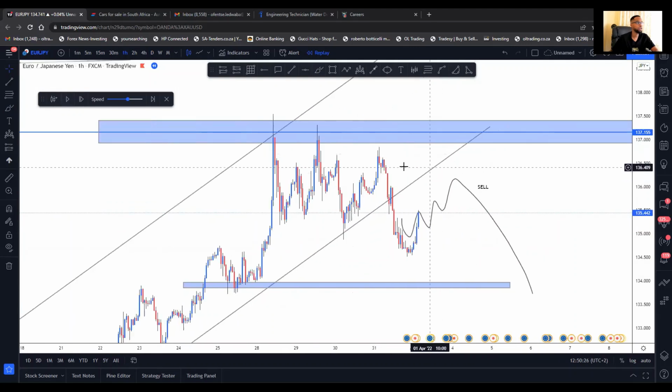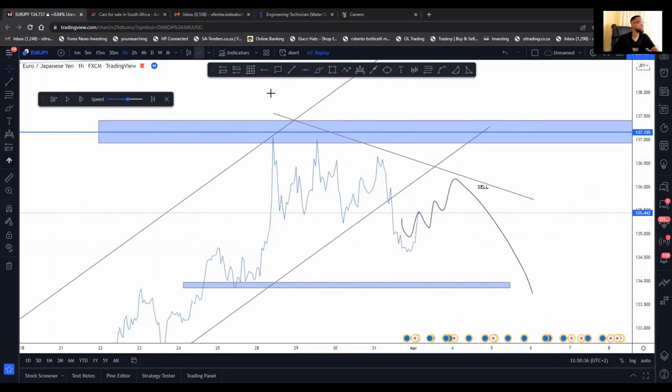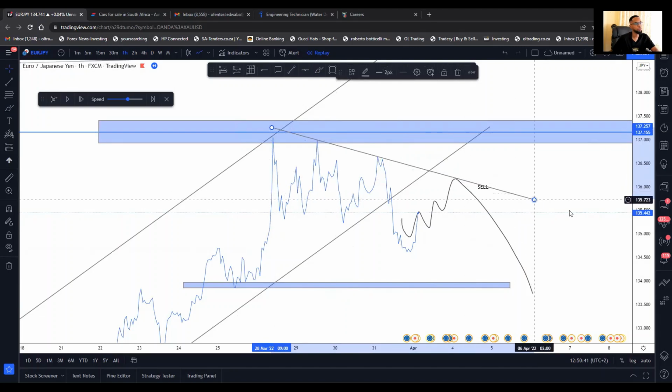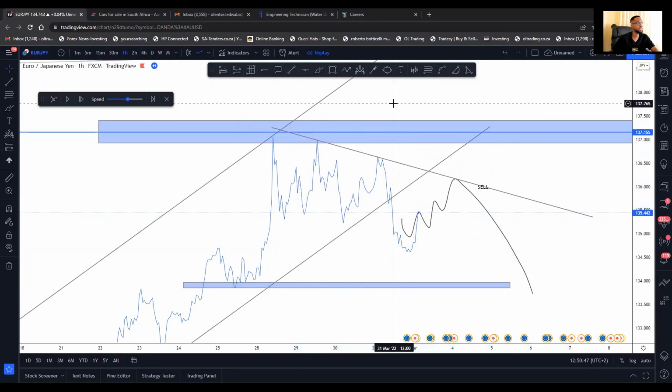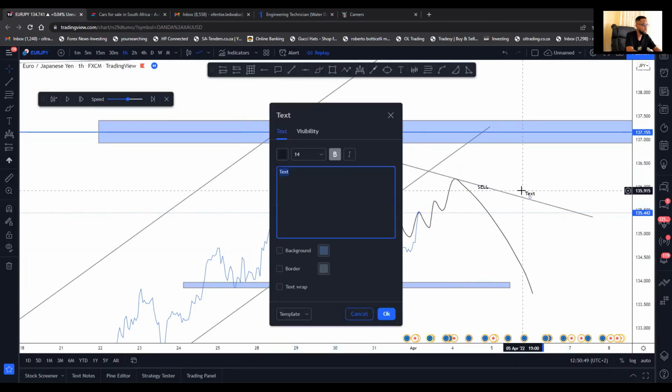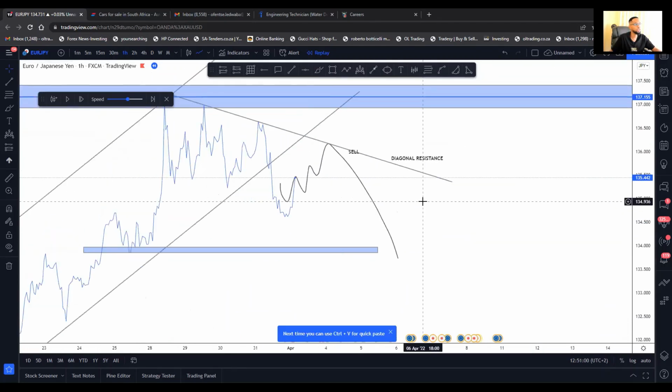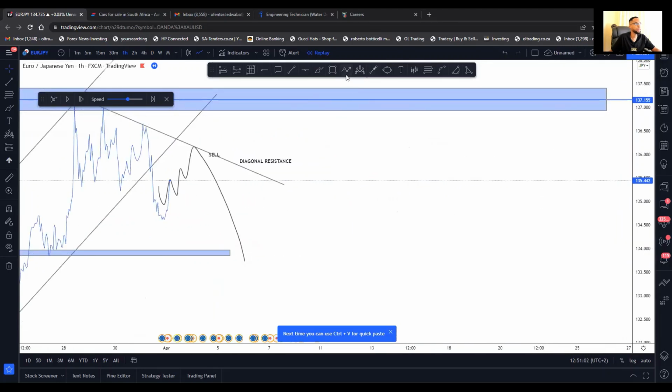Then out of this level here, you can see we have triple tops. As I've mentioned that the market is below, now it's changing. You can see the market is below this. Now this becomes the resistance. This line, diagonal resistance. As we know, in a downtrend, you'll have something like this.